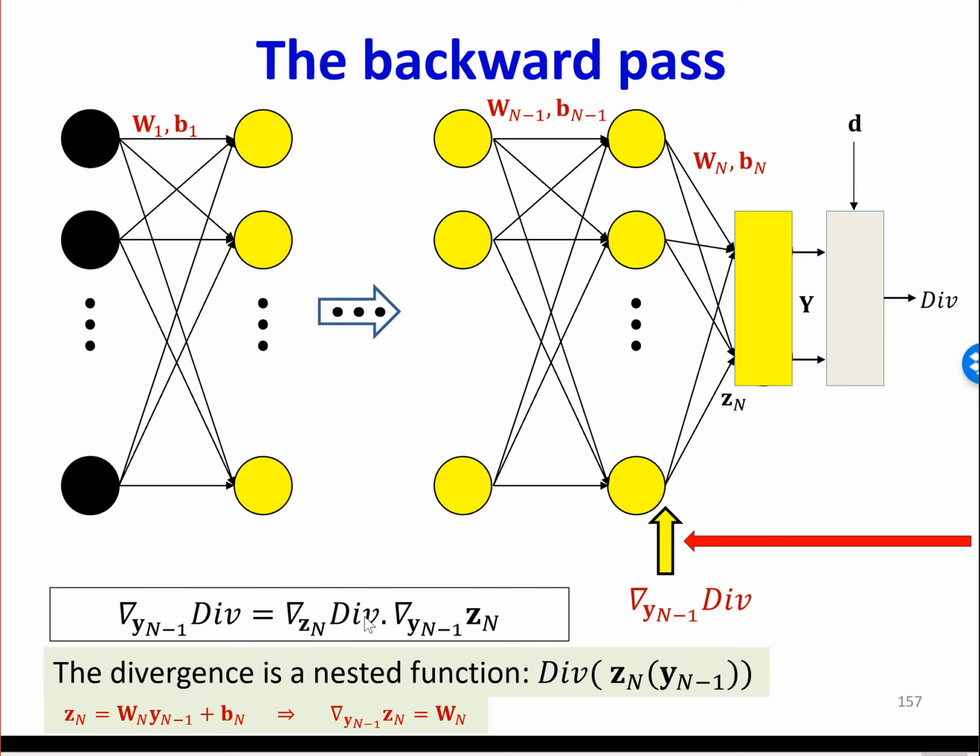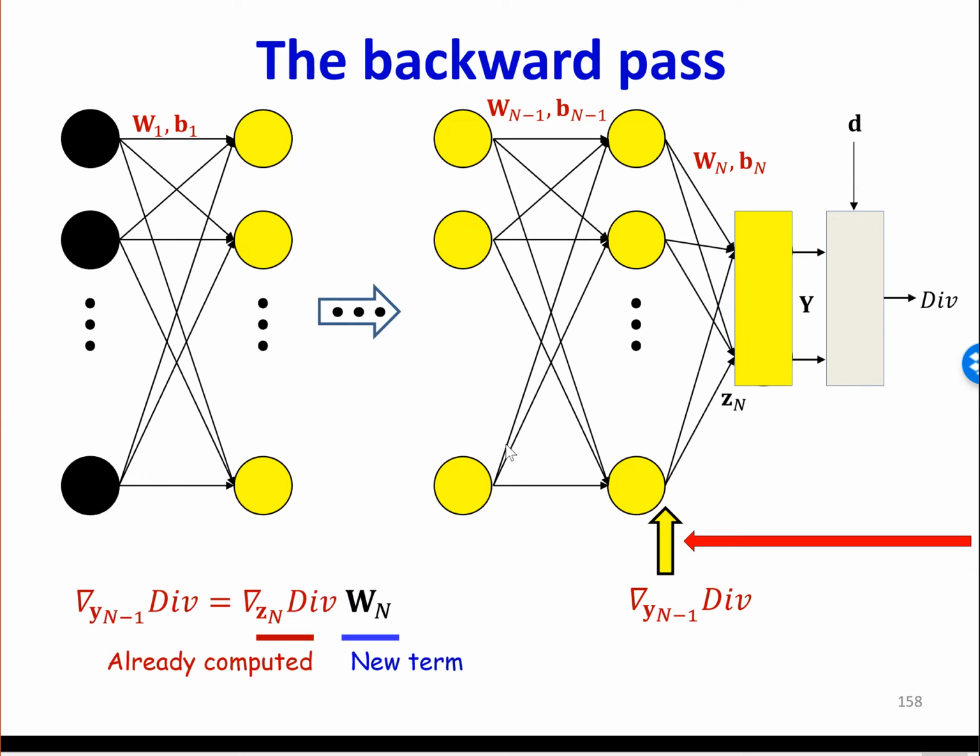And what is the second term? The weight matrix. So the derivative of the divergence with respect to this y is the derivative of the divergence with respect to z, right multiplied by the weight matrix. Again, this derivative was a row vector. When you right multiplied it by a Jacobian, you got a row vector. Right multiplying a row vector by a matrix gives you a row vector, so all the dimensions match. If you're with me, give me a thumbs up or raised hands.